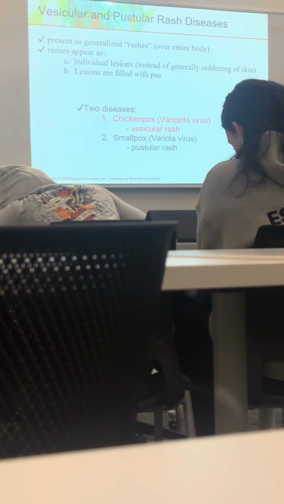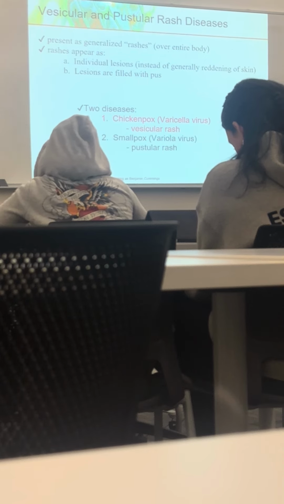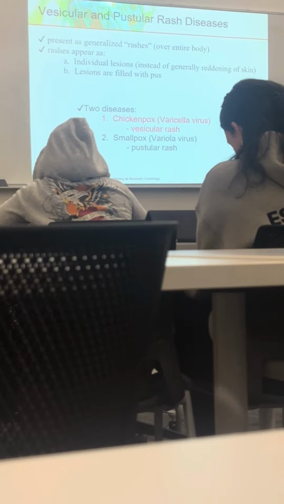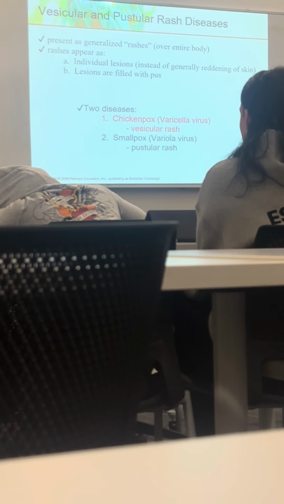You can have something that is papular, which means it's a red bump. You can have something that is a vesicle, so vesicular, and that means it's filled with fluid, which is chickenpox. And then you can have pustular, which is a bump filled with pus, right? So those are kind of your 4 options.